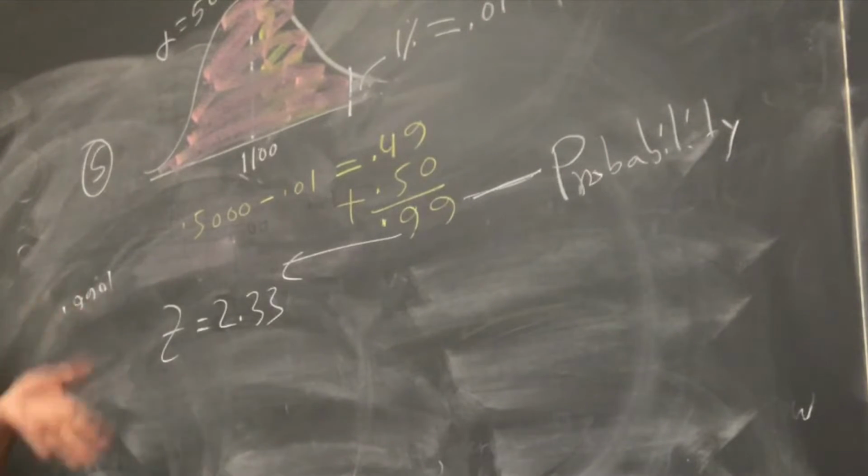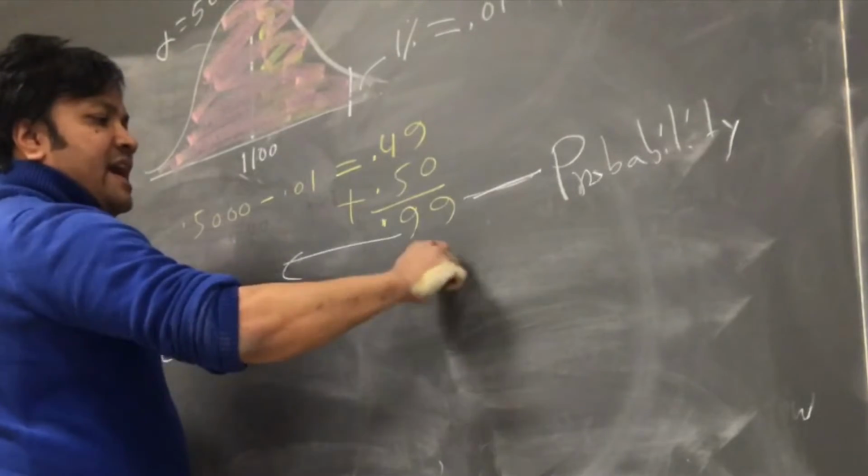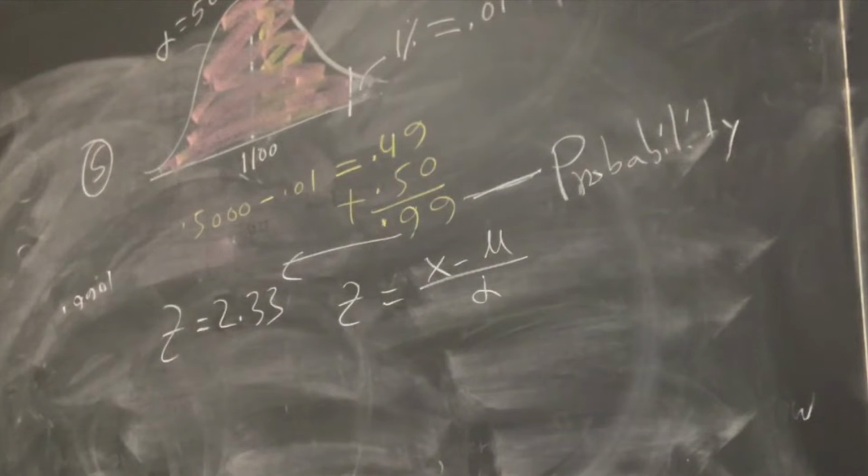So if we find Z, we should be able to find X. What formula am I going to use? Z is equal to X minus mu over standard deviation.